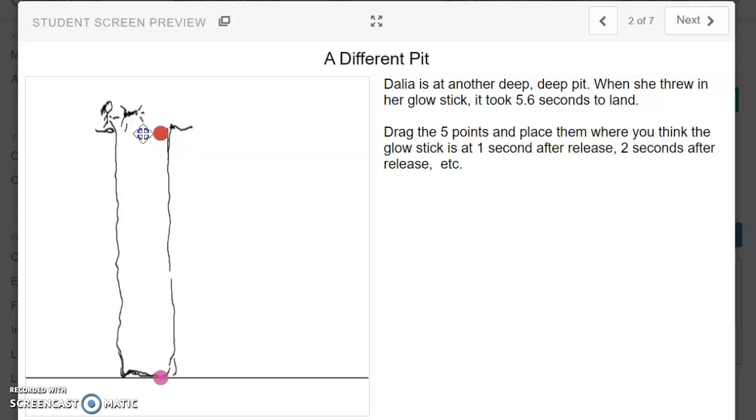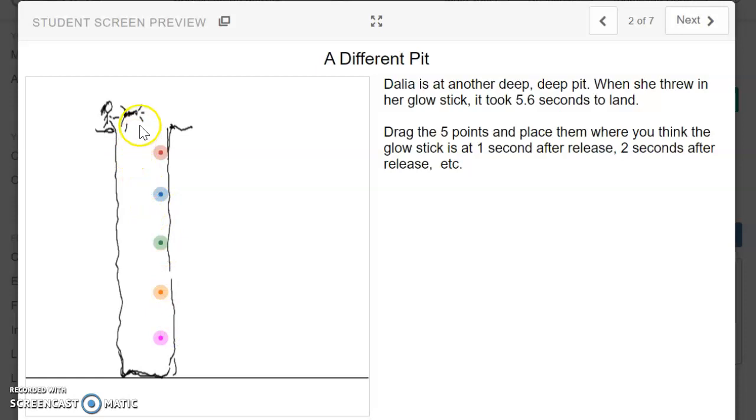After 1 second, maybe I just divide this by 5.6. So maybe something like this: 1, 2, 3, 4, 5.